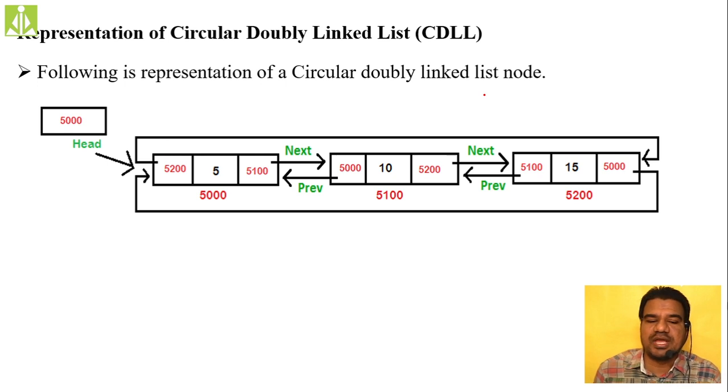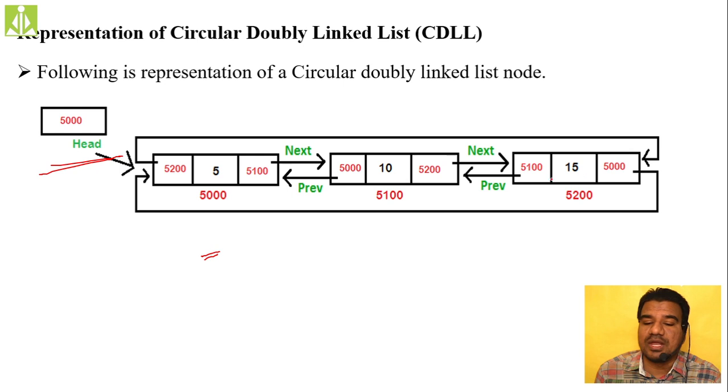The representation of this circular doubly linked list is again done with a head node only. Here we have the head node, and using this head node only we represent the circular doubly linked list. A simple representation is shown here with 3 nodes. This is my first, second and last node, where the first node's next pointer is pointing to the second node, the second node's next pointer is pointing to the last node, the last node's previous pointer is pointing to the second node, and the second node's previous pointer is pointing to the first node.